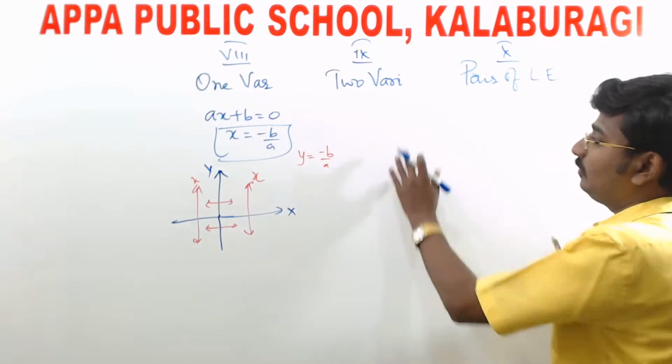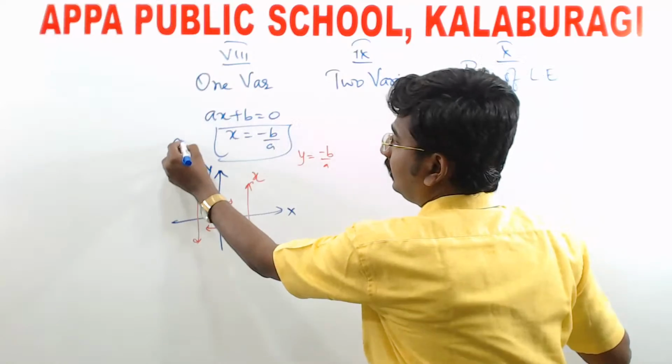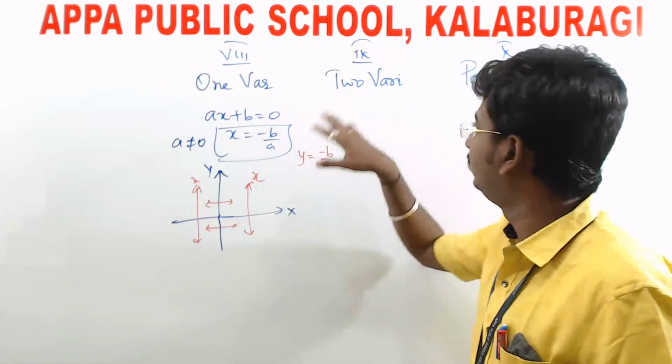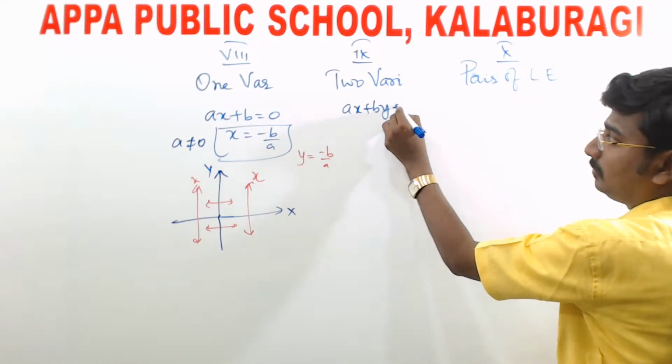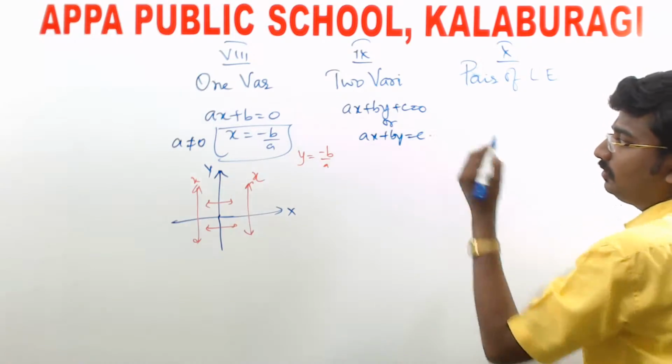Now when you come to linear equations in two variables, the most important condition is that the a value should not be equal to 0. Two variables: ax plus by plus c equal to 0, or ax plus by equal to c.